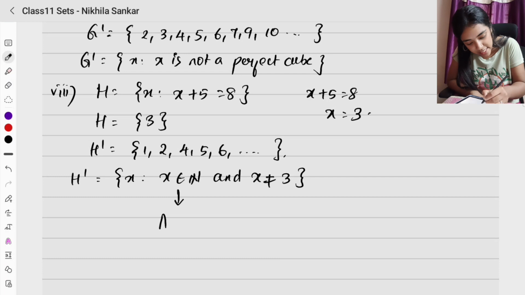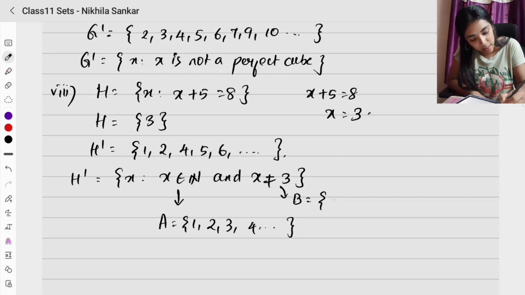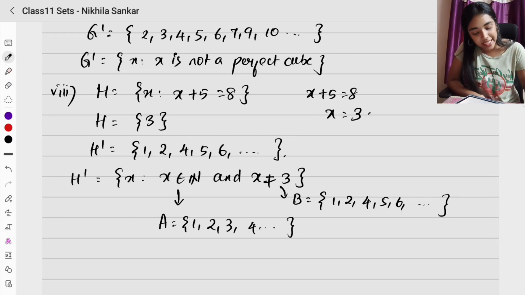So for example, if this is set A with all the numbers 1, 2, 3, 4 and so on until infinity, and this is set B where I do not have the element 3. I have everything else: 1, 2, 4, 5, 6 and so on. What is the intersection of these two? I see that only the number 3 is not there.